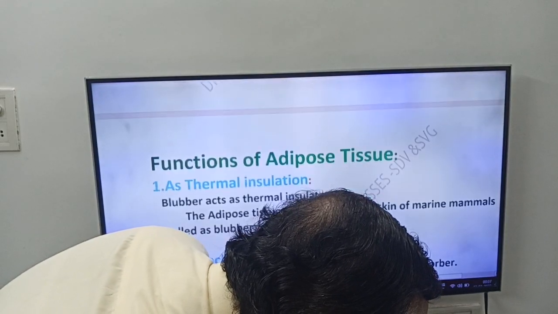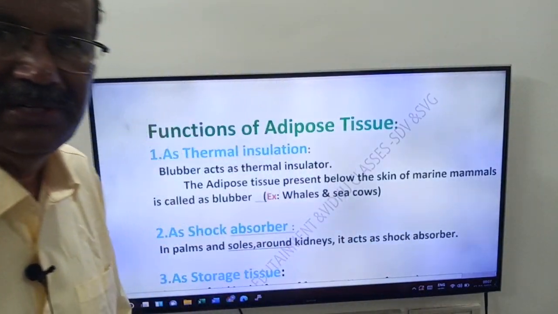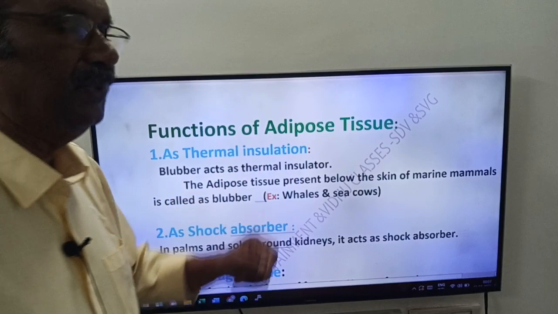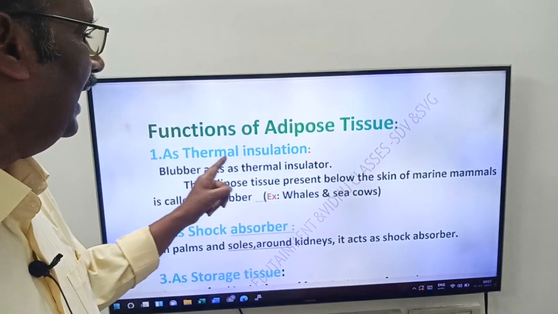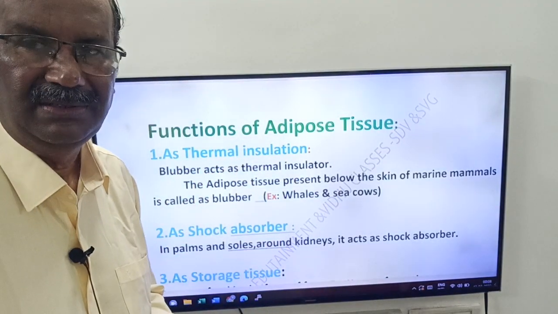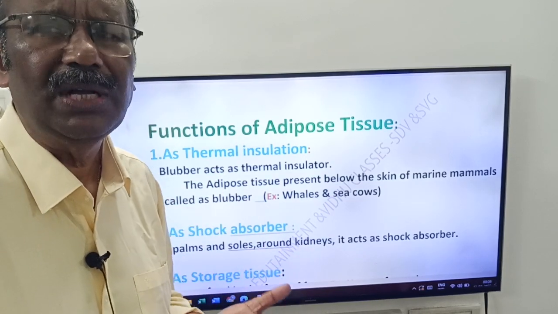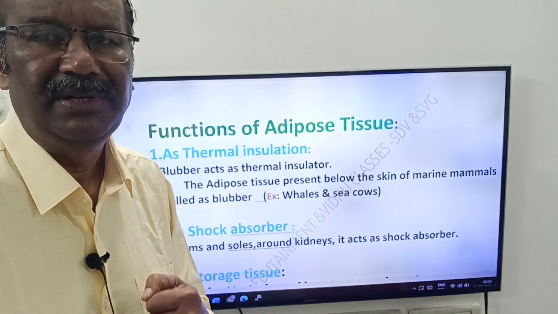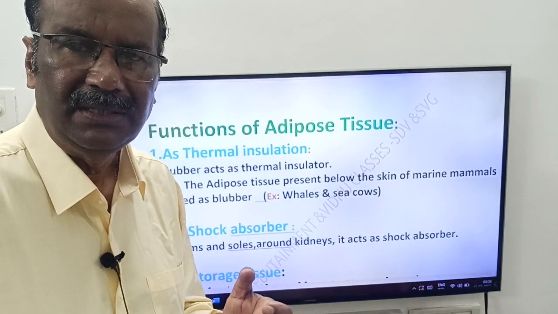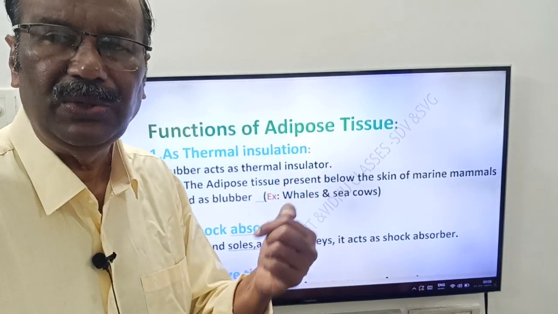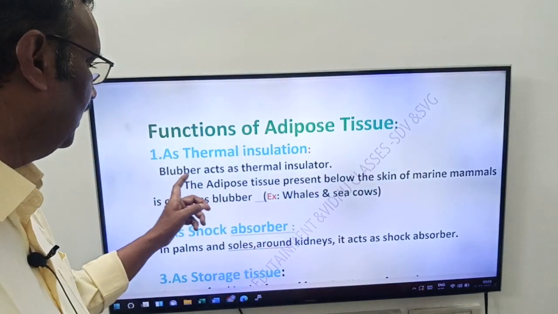That is about the adipose tissue. Come to functions of adipose tissue friends. It acts as thermal insulation, a heat insulator. Means it won't allow the heat to go out from the body or go into the body. Okay friends, see friends.